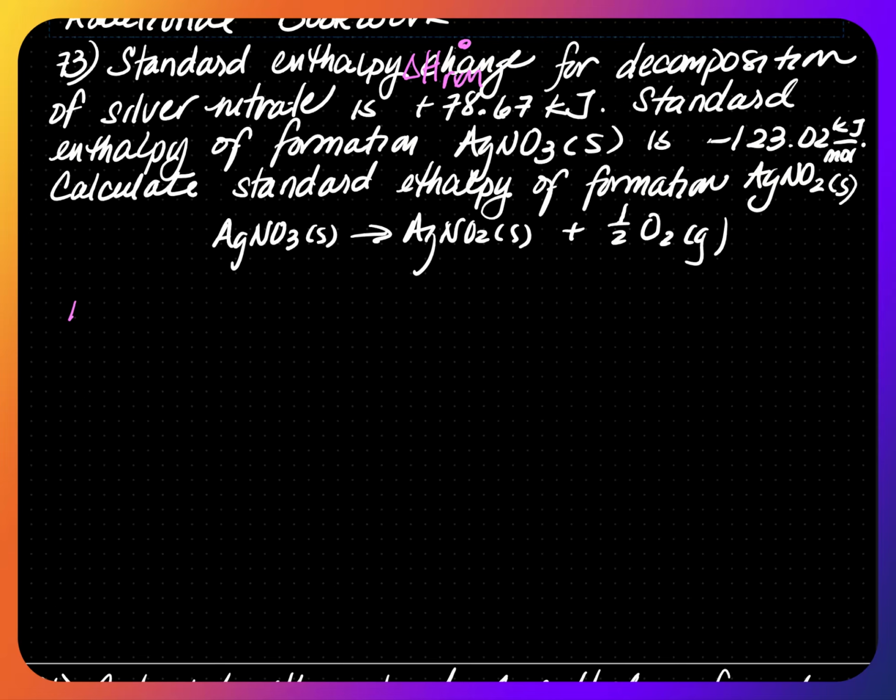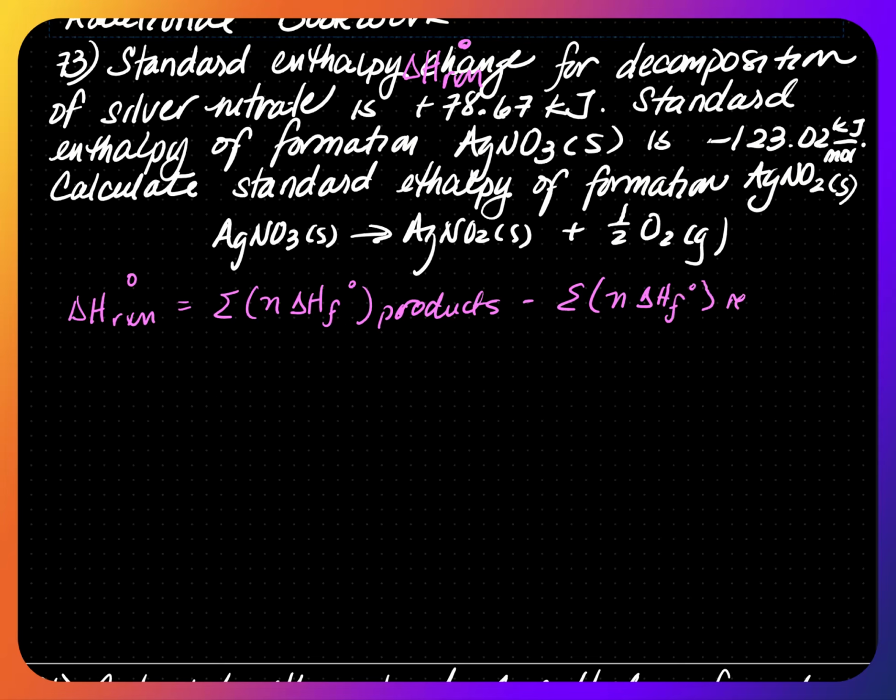So we know we're looking for silver nitrite. So the general equation is products minus reactants. So sum of all the products. So this is going to be the moles times the delta HF naught of the products minus the summation of the moles times delta H formation of the reactants.